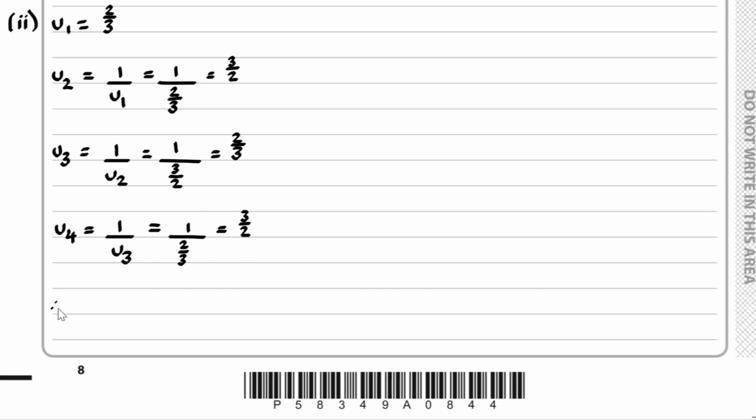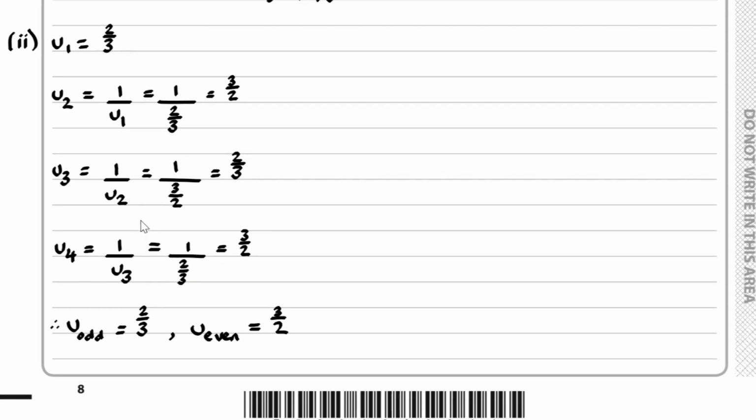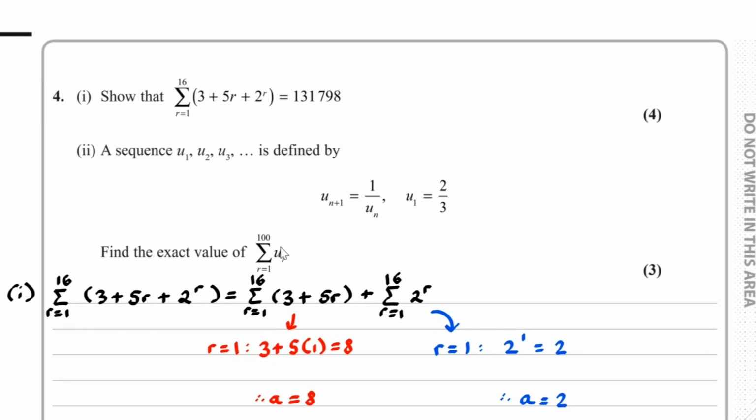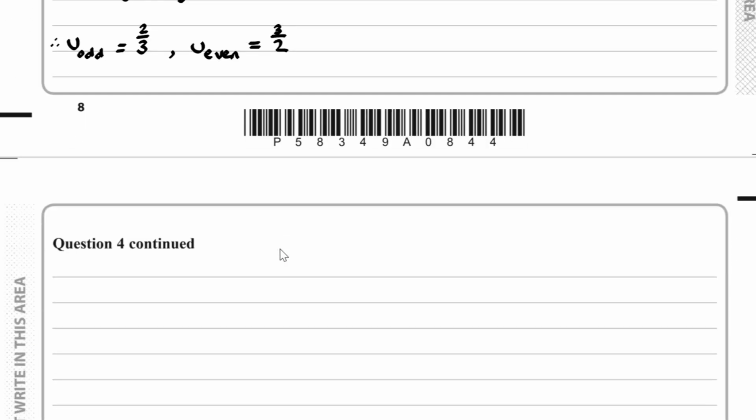And so therefore, u odd, that's equal to 2/3. So u1, u3, u5, etc. that's 2/3. And u even, that will equal 3 over 2, so that's u2, u4, u6, etc. Now, from r equals 1 to r equals 100, we have 50 odd terms and 50 even terms.